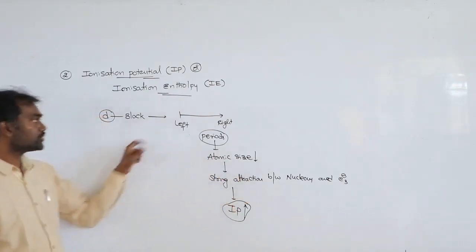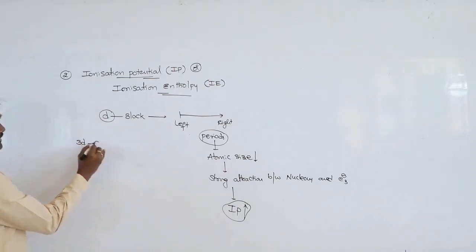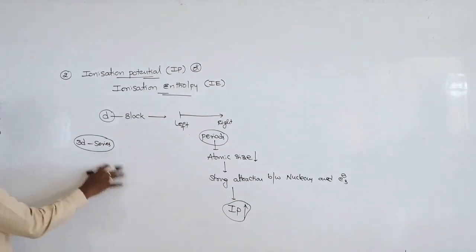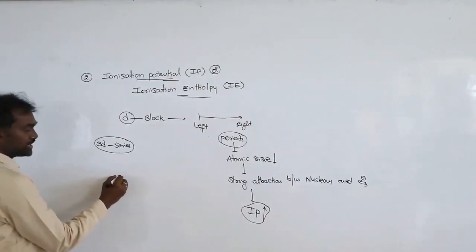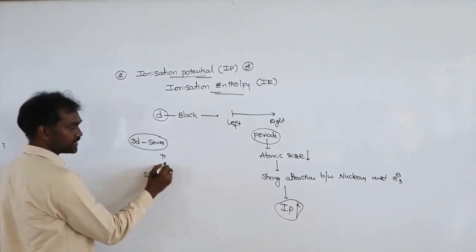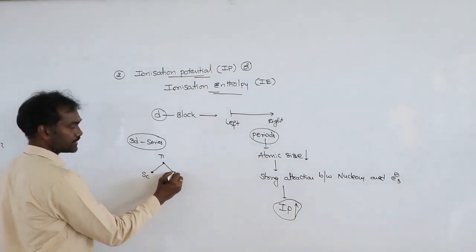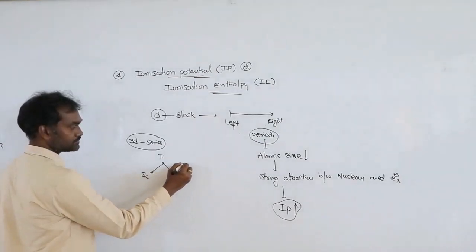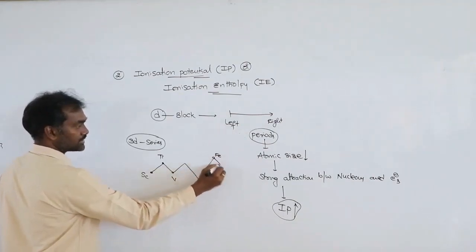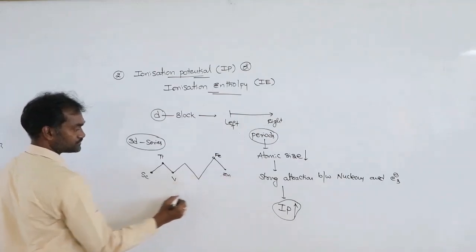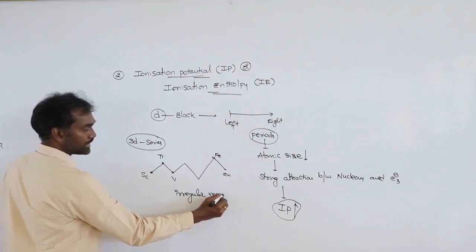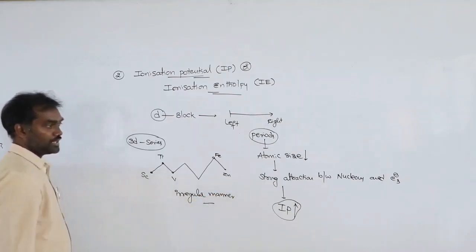But when you come to the 3d series, you observe from scandium to titanium it increases, then vanadium, chromium, manganese, iron, and so on. It is observed in an irregular manner.